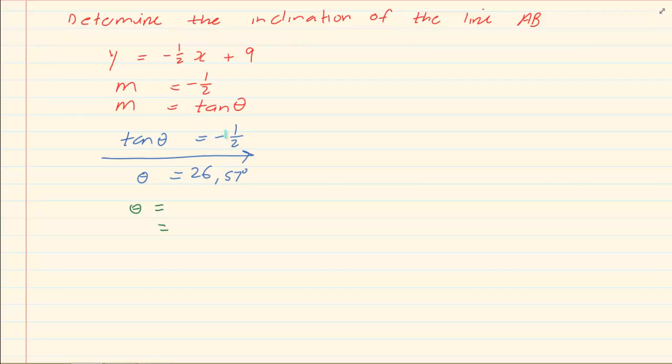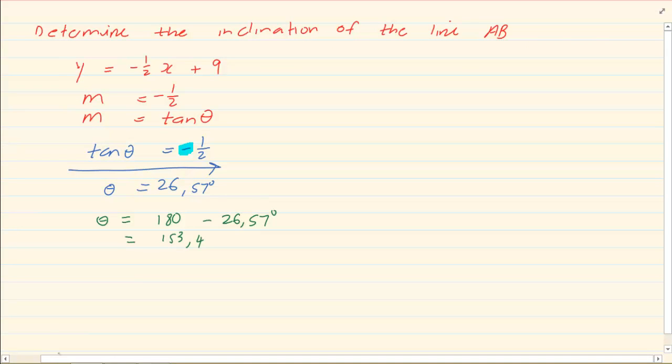Since it is negative, we know we are in the second quadrant. So we have 180 minus 26,57 degrees, which will give us 153,43 degrees. So our final answer is 153,43 degrees.